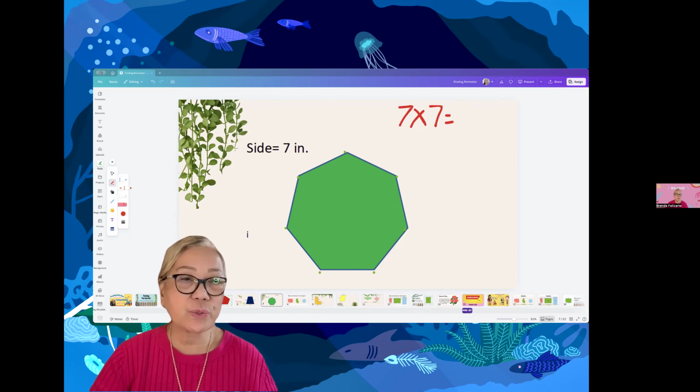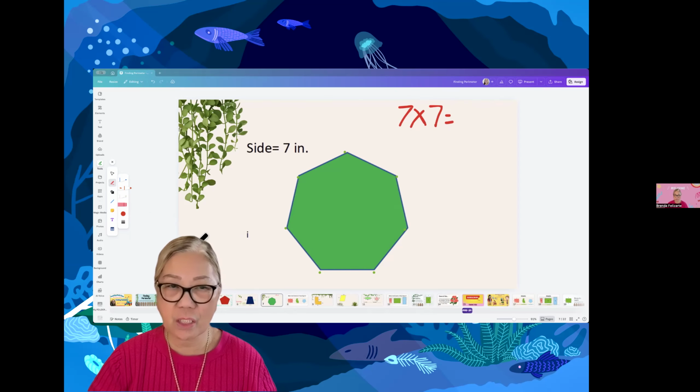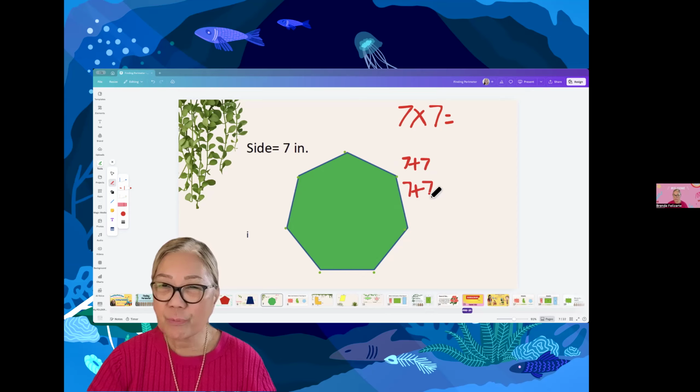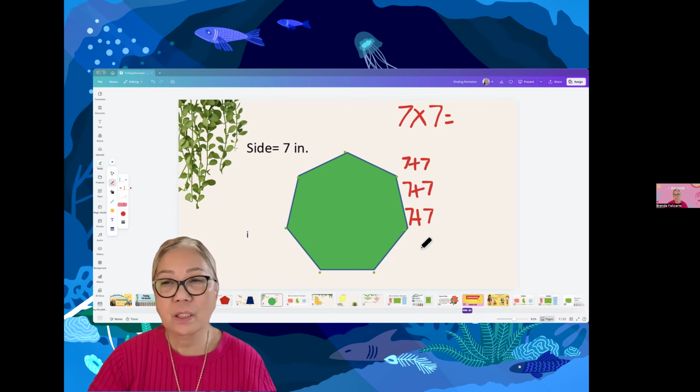We're now going to use addition. So we will have 7 plus 7 plus 7 plus 7 plus 7 plus 7.